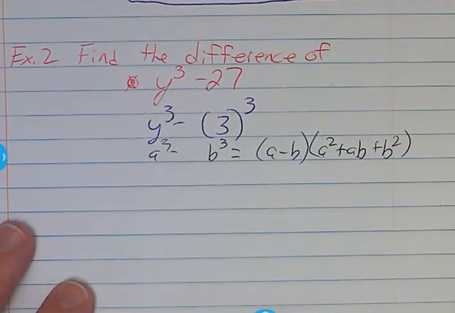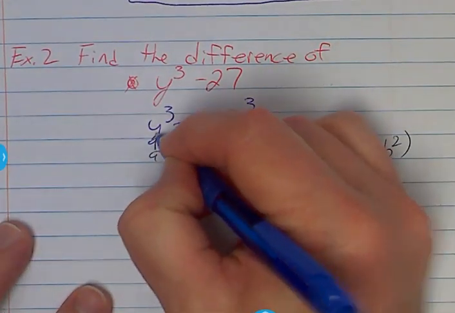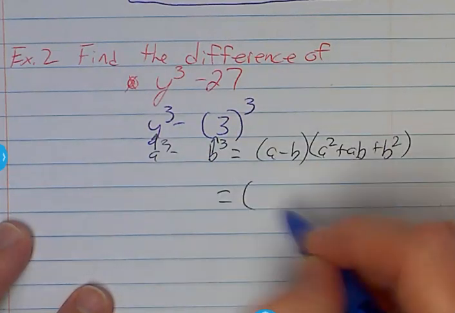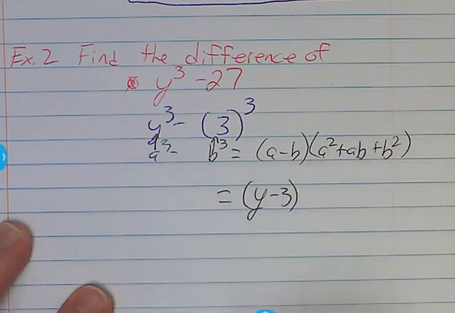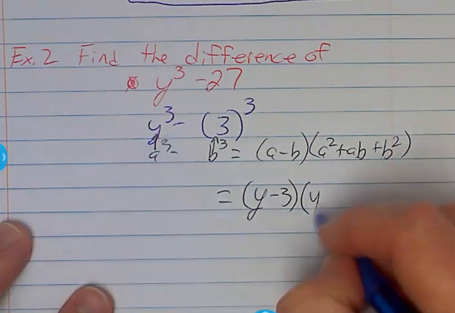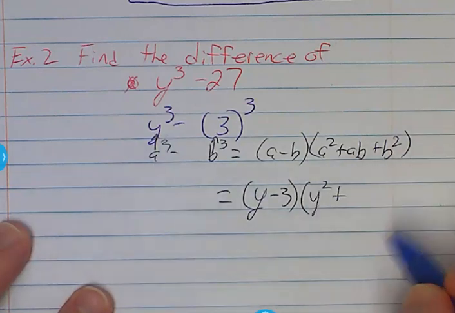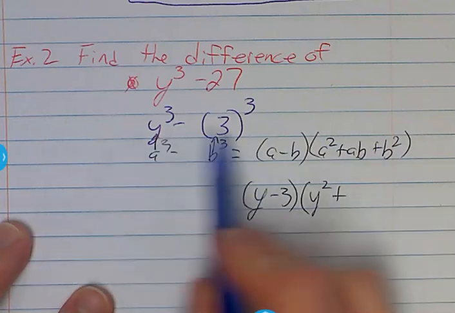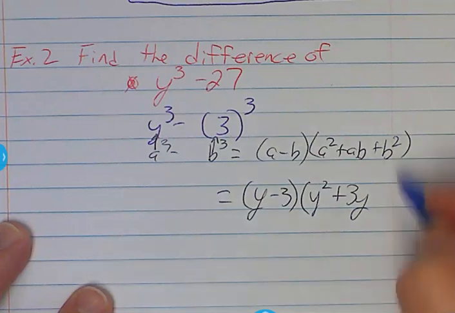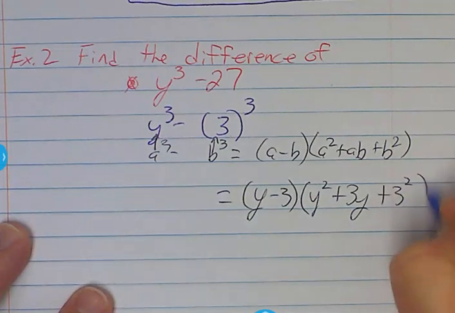Again, the only difference is now we're replacing a with y and we're replacing b with 3. So this is going to be y minus 3. Instead of a squared, now it's y squared. Plus 3 times y, or y times 3, but I'm going to put 3y just so we've got it there. Then plus 3 squared.